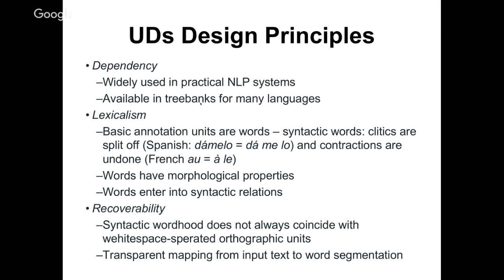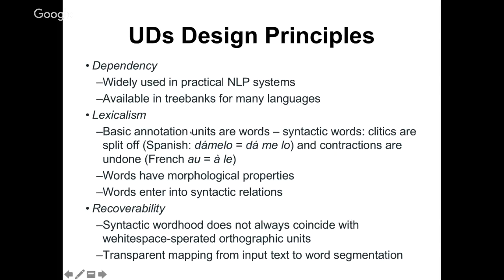I perfectly remember that till some years ago, there were several papers about the conversion of a constituency treebank into a dependency treebank, because the first treebanks were originally built on phrase structure grammars. But in the last 15 years, dependency grammars have become really the de facto standard for building treebanks.